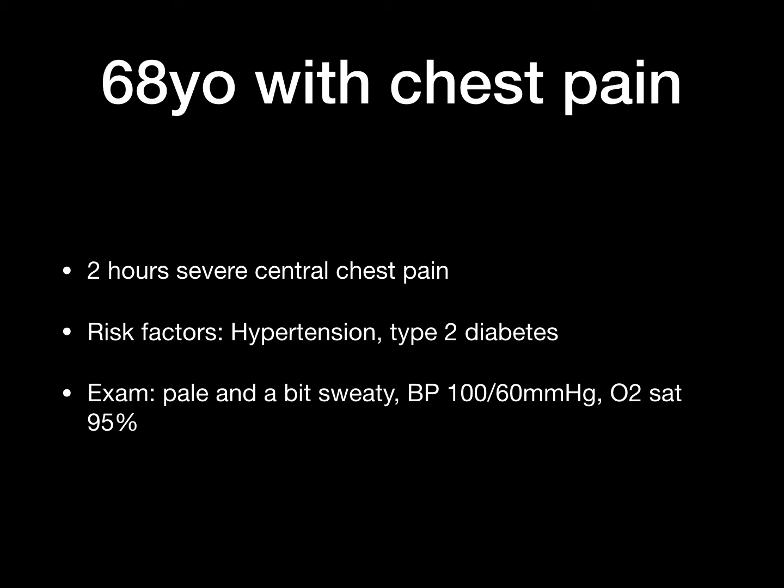Now traditionally we look for ST elevation as a determinant of whether somebody needs to go to the cath lab, but as you'd be aware, left bundle branch block is often taken to be the equivalent of an ST elevation myocardial infarct when somebody presents with typical chest pain.